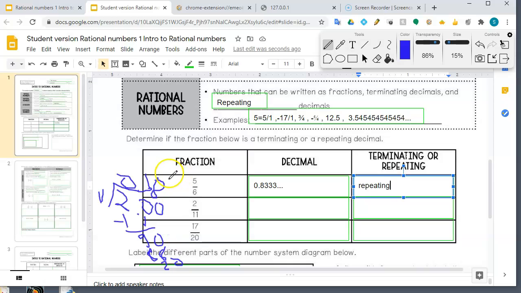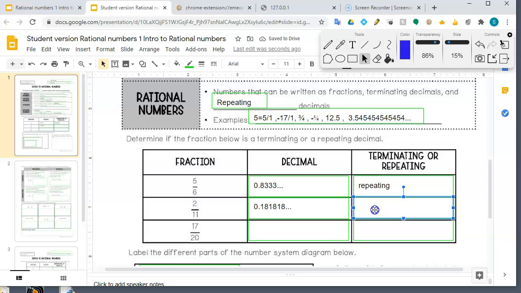So that's going to go in 1 time. So it's repeating, and it goes 0.181818, still following that same pattern over and over and over again. So this one is also repeating.